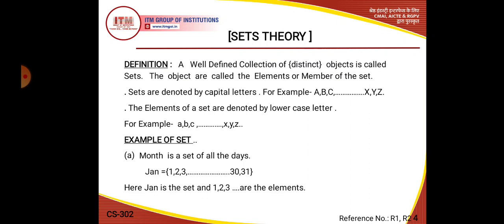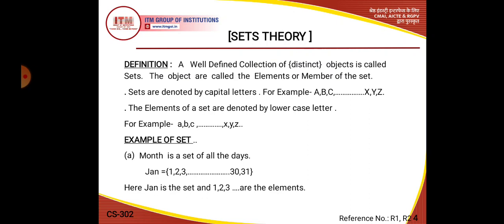Now, come to example of set. Example number first, month is a set of all days. Now, consider a set January equals 1, 2, 3 and up to 31, because we know that the month of January has 31 days.